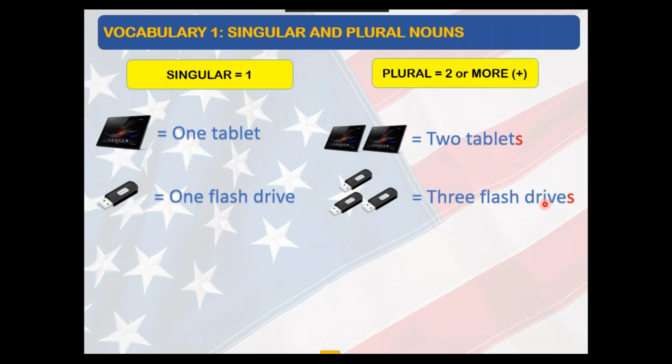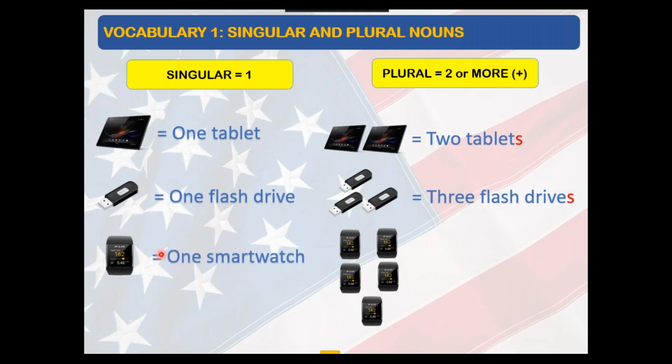Next, another example. Remember, a smartwatch. In singular, 1 smartwatch. And here, 1, 2, 3, 4, 5. 5 smartwatches. So that is the difference between singular and plural.